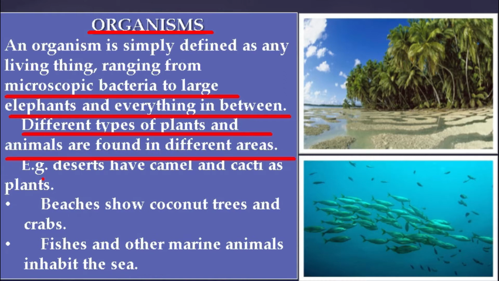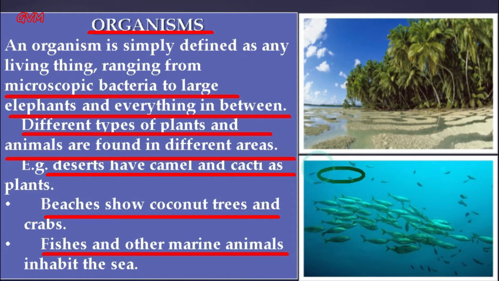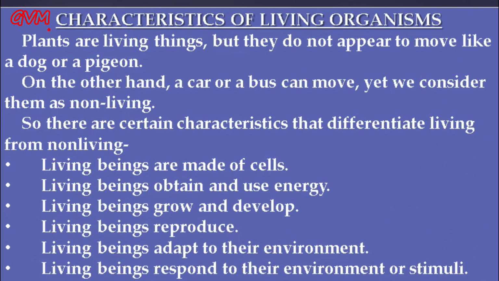For example, camels and cacti are living organisms generally found in deserts. In the same way, coconut and crabs are found on beaches, and fishes and other marine animals inhabit the sea.